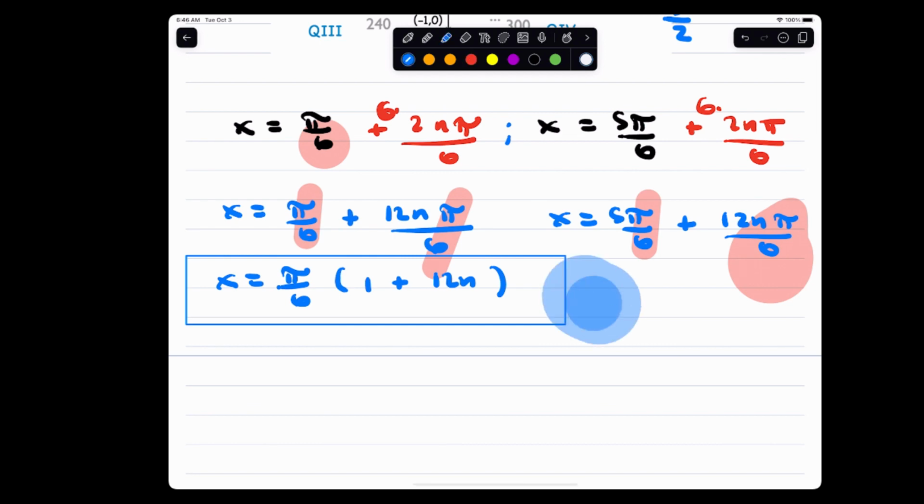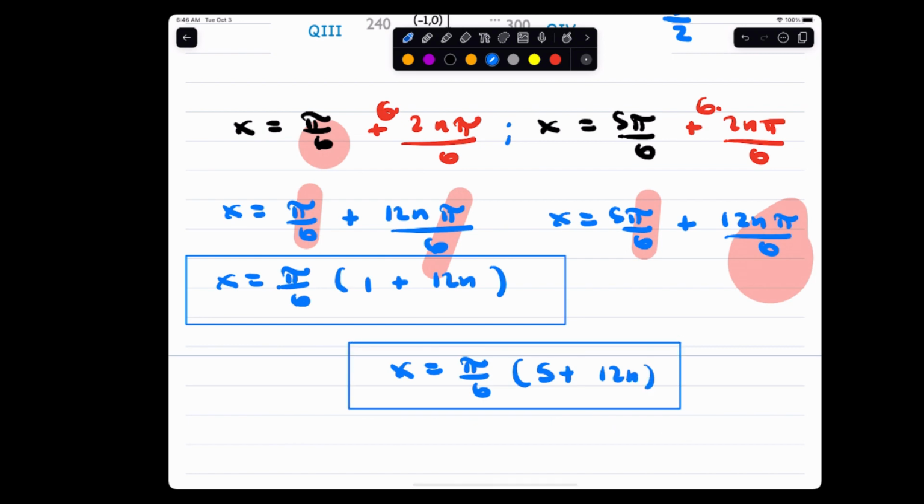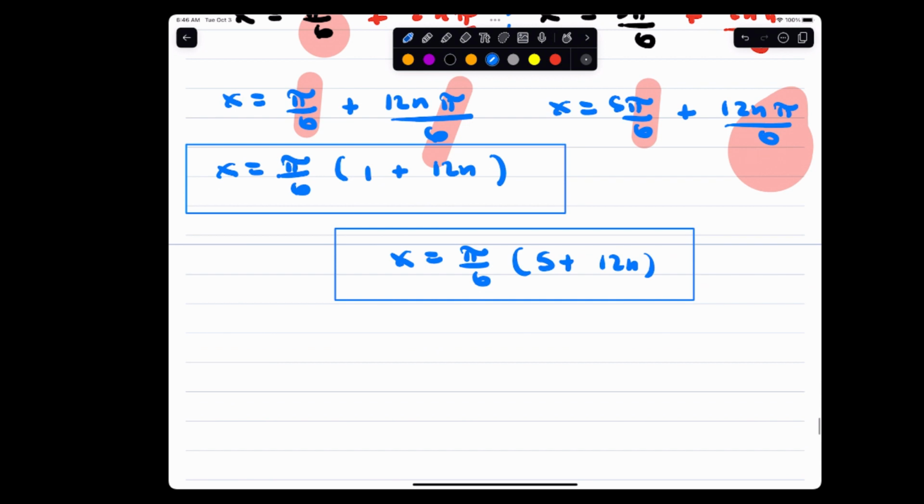So you now have x equal to pi over 6 times (5 plus 12n). There it is. n is an integer.